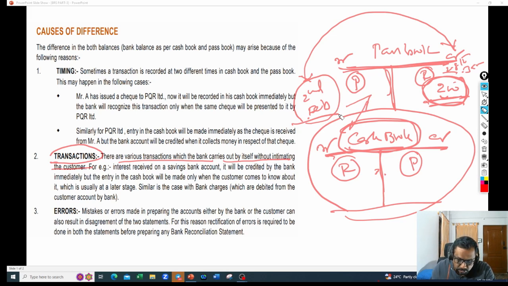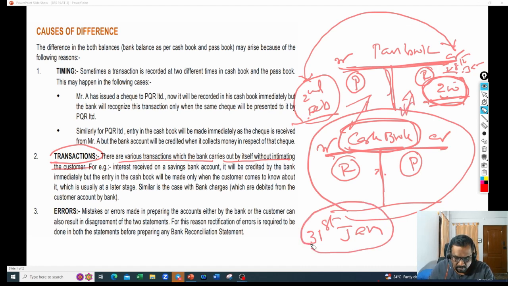Fine. But you started preparing the reconciliation on 31st January. You started comparing these two balances on 31st January. Where is this 31st January? It is in between 28th January and 2nd February. Are you getting my point? So when you are doing this reconciliation on 31st January, this amount was there in the bank books, but it is not there in our cash book. Why was this not there in our cash book?